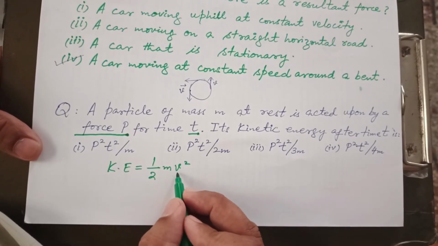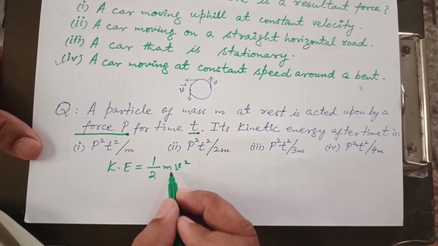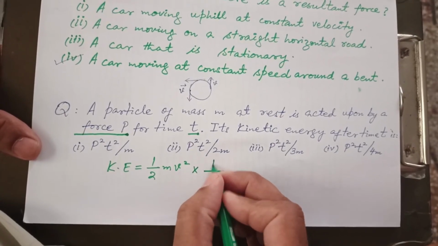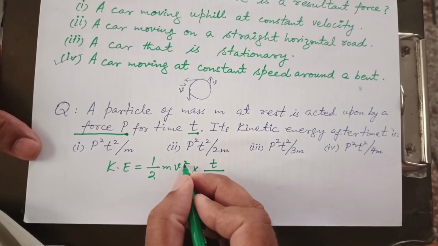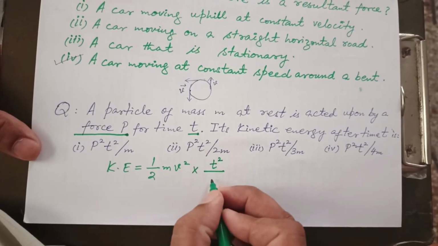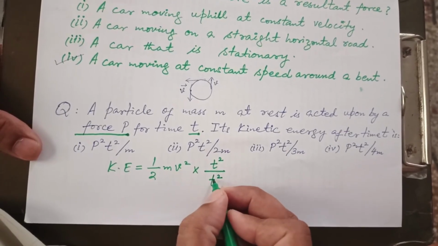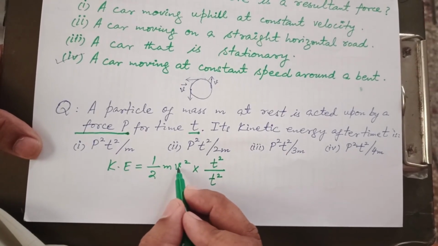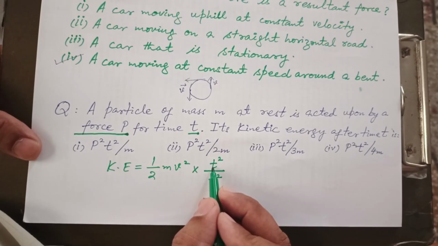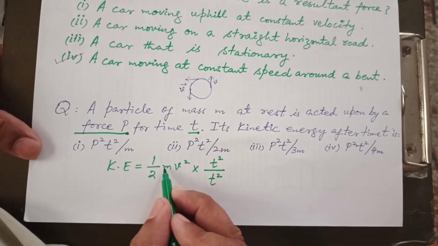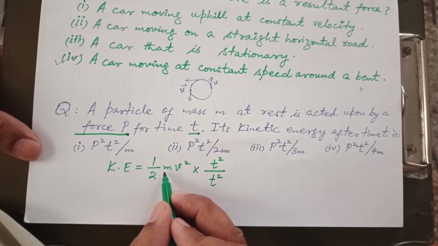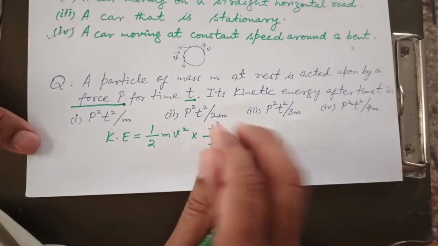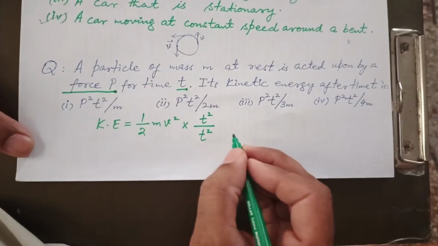So how can we shift this v to a? By multiplying and dividing it with t, time. As it is given in a square, we have to do it in the t square format. Now when it comes as a square, then this m should also be in the form of m square. First of all, check what happened over here.